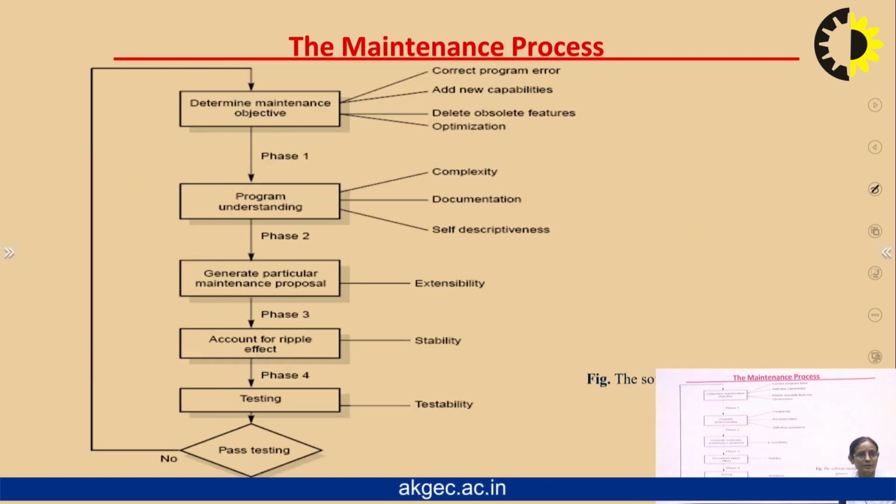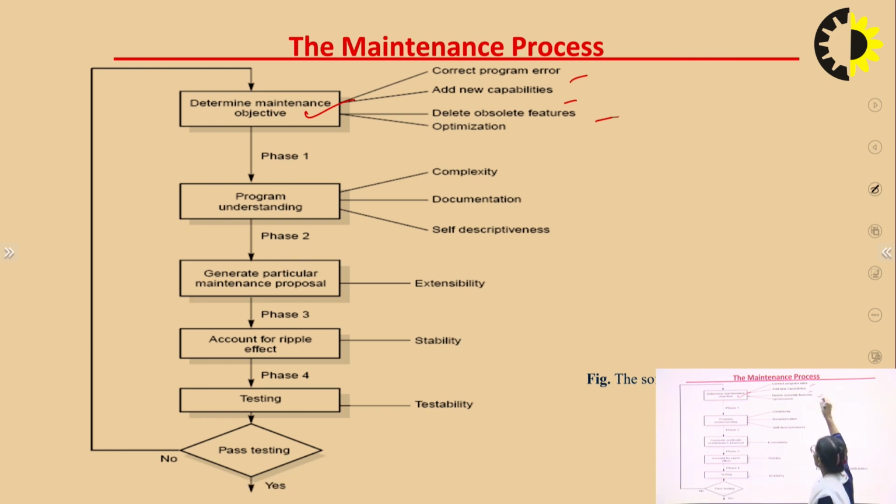So, the maintenance process. First we start with determining the maintenance objective. Once we have determined the maintenance objective, that is, correct program error, add new capabilities, delete obsolete features, optimization, we need to be aware of what we want and why we go for the maintenance part. Then we go with program understanding. We need to understand the complexity of the code, the documents developed along with the program, and the self-descriptiveness.